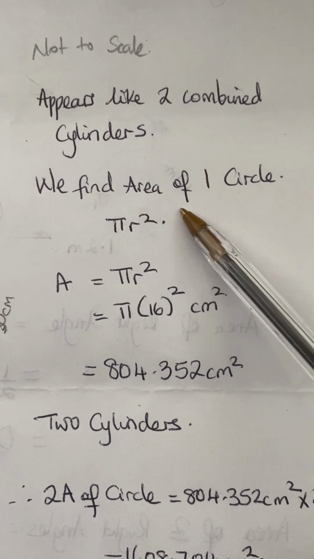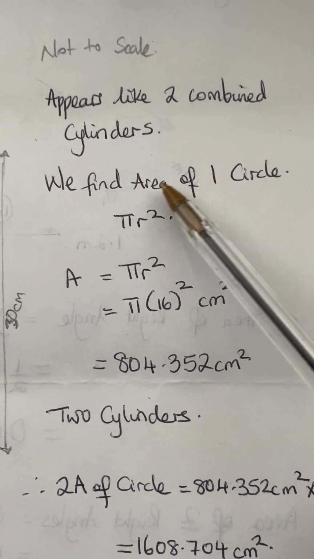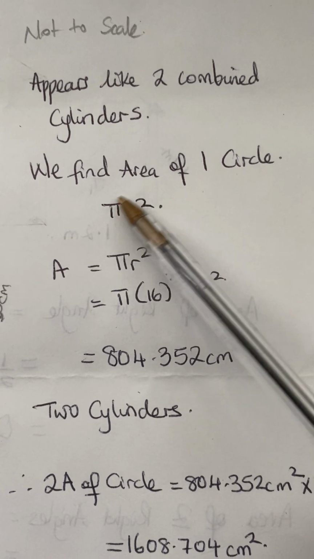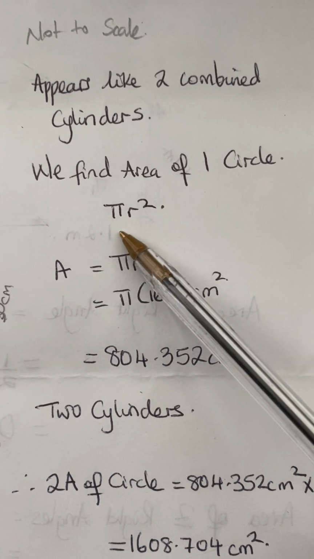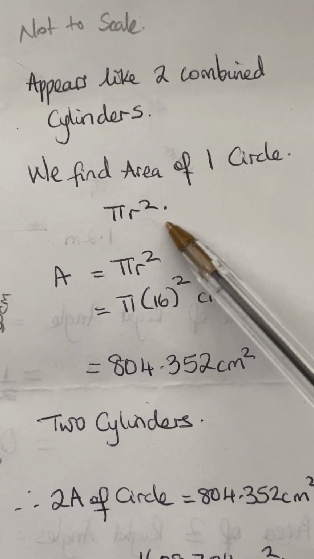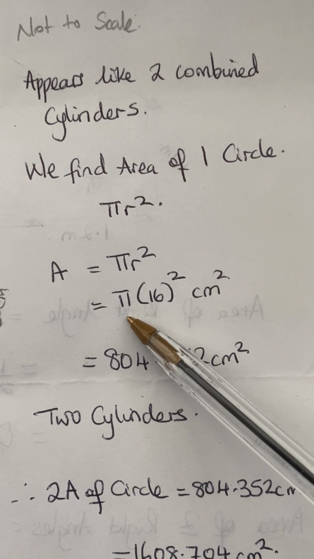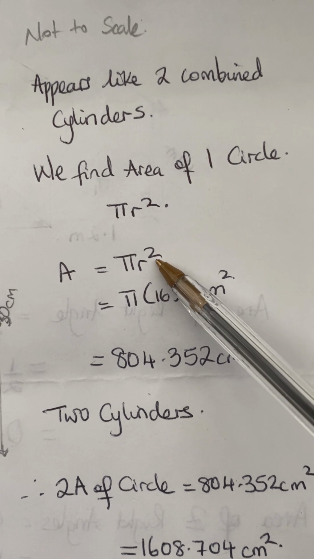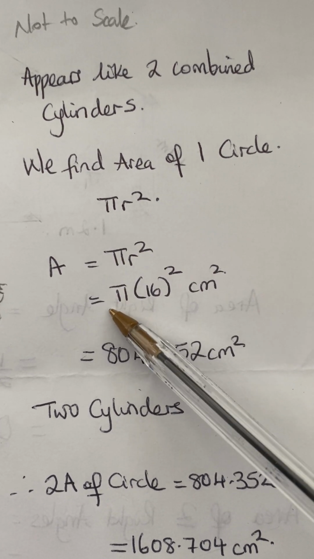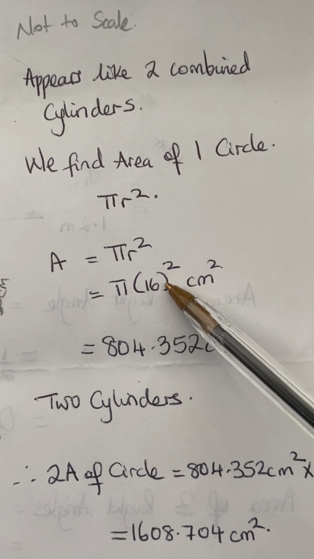So we find the area of one circle, which is pi r squared. Even from primary school, or year 7, year 8, you should know that the area of the circle is pi r squared. I showed you in one of the videos how to find pi on your calculator, and I assume you have started using your calculator.